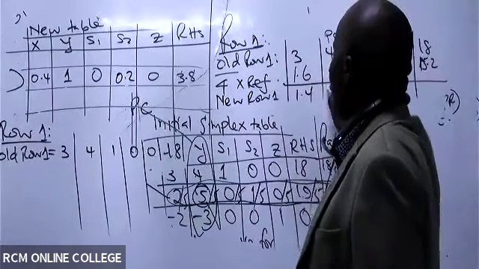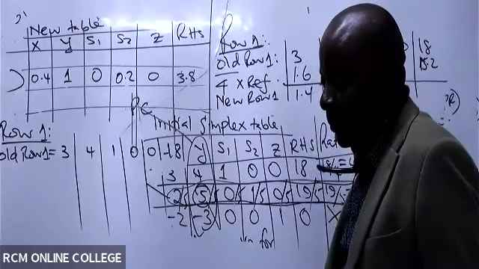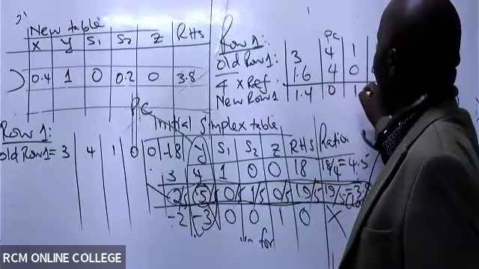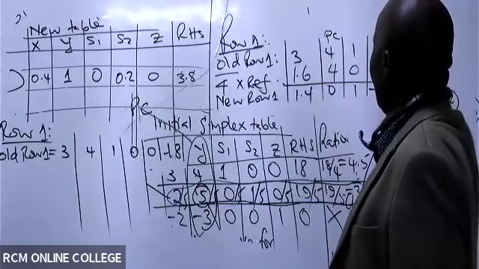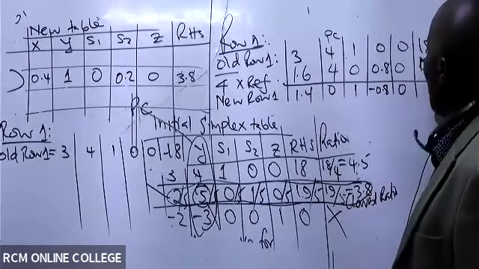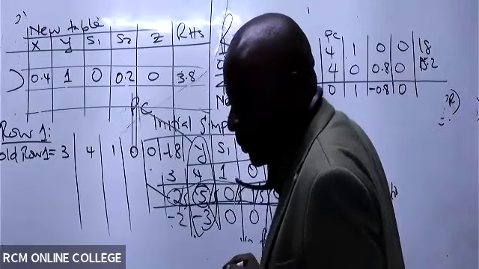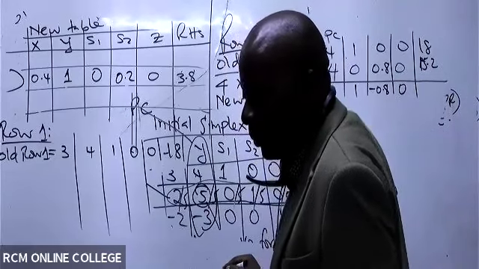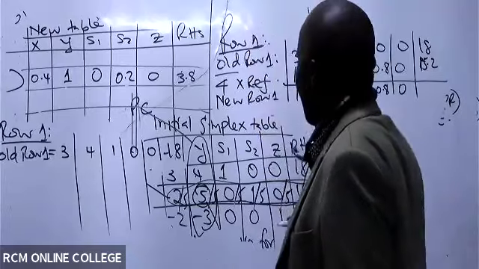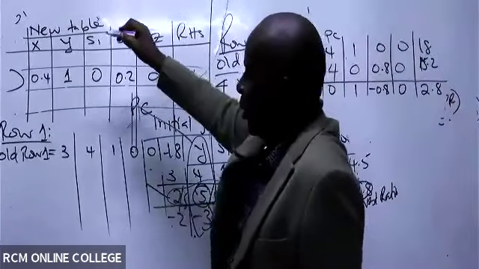This is 1.4. Then 1 minus 1 is 0. 0 minus 0.8. How about 18 minus 15.2? It is 2.8.